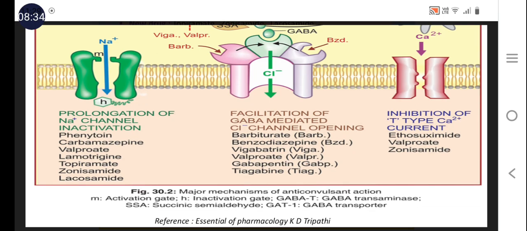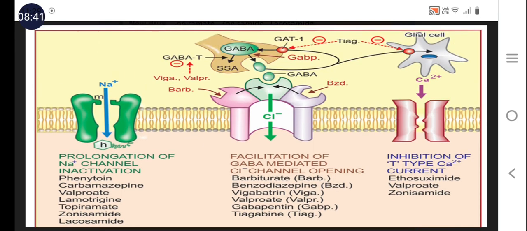And other drugs like vigabatrin, valproate, gabapentin, tiagabine are also involved in the facilitation of the action of the GABA. Then next is the inhibition of the T type calcium channel.